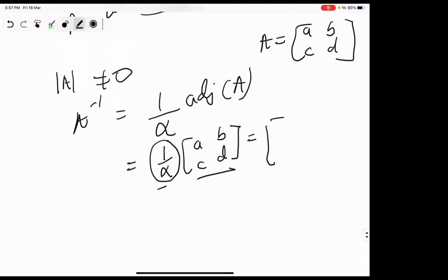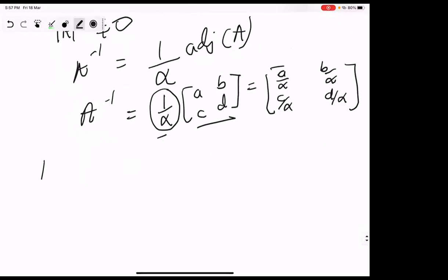So we multiply that scalar by every component of the adjoint. We have A over alpha, B over alpha, C over alpha, and D over alpha. Here the inverse exists, and if the inverse exists, then we say that the matrix A is invertible or non-singular.